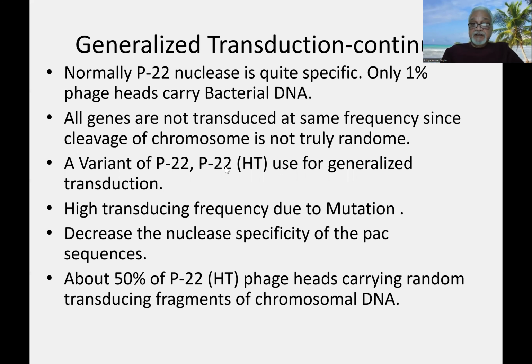It loses its specificity, becomes less specific, and starts identifying the chromosomal pseudo PAC sites, and therefore increases the frequency of the process which I mentioned earlier. And also the progeny phages which are generated contain more of the bacterial chromosomal DNA as compared to the phage DNA.